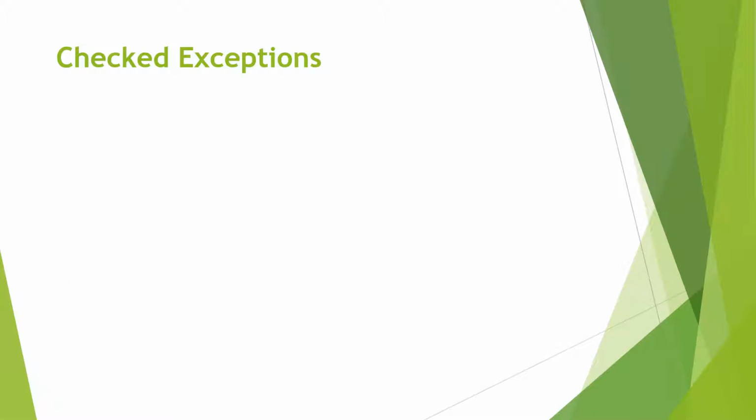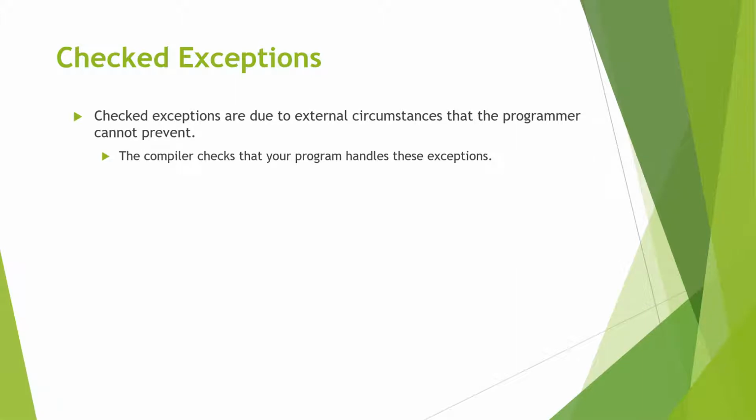So let's talk about the difference between checked and unchecked exceptions. Checked exceptions are due to external circumstances that the program cannot prevent. The compiler checks that your program handles these exceptions. So although you're not the cause of this exception and they are caused by external circumstances, the compiler checks whether you have handled them or not, and if not, the compiler asks you to handle it before letting you run the program.